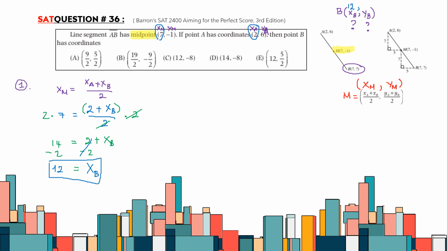Now we find y sub B. We have y sub M equals y of A plus y of B over 2.